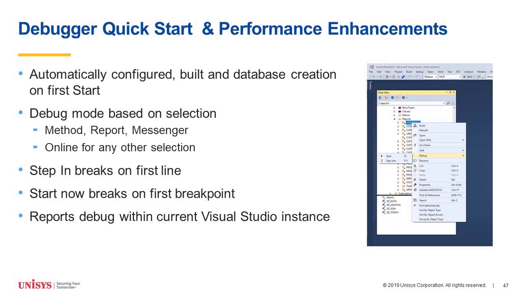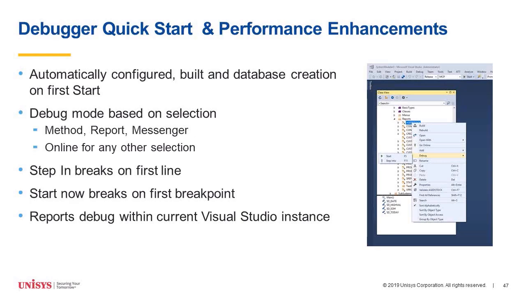But in previous releases of AB Suite, you had to set up and control what you were debugging by a property. That property has now disappeared, but been replaced by auto configuration. So basically, the initial database will be created for you, and you'll be able to specify whether you're debugging a method, a report, or the overall online transaction more intuitively by clicking on the object and then pressing or clicking start or step into.